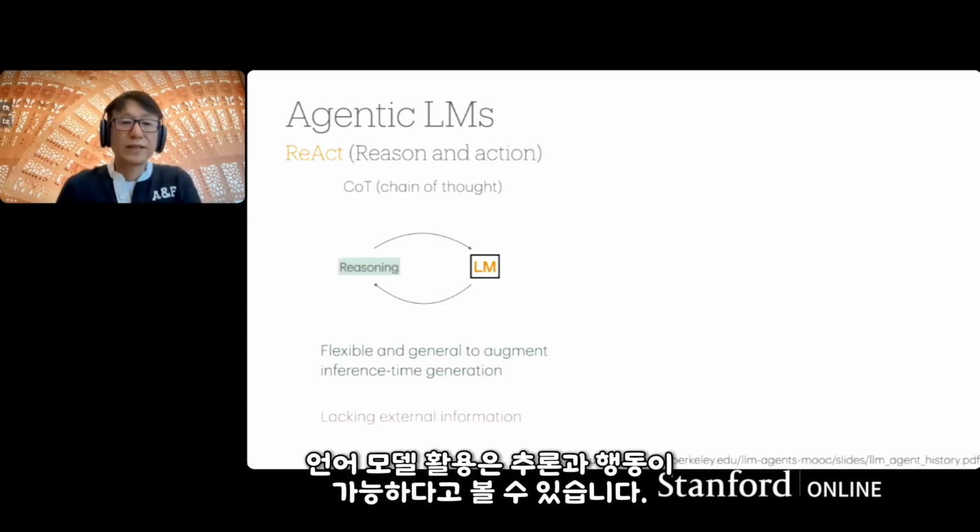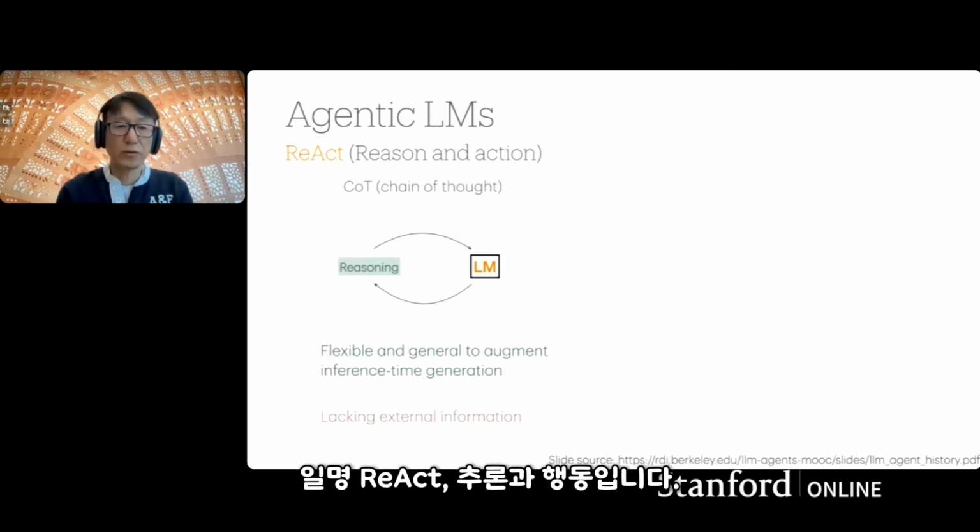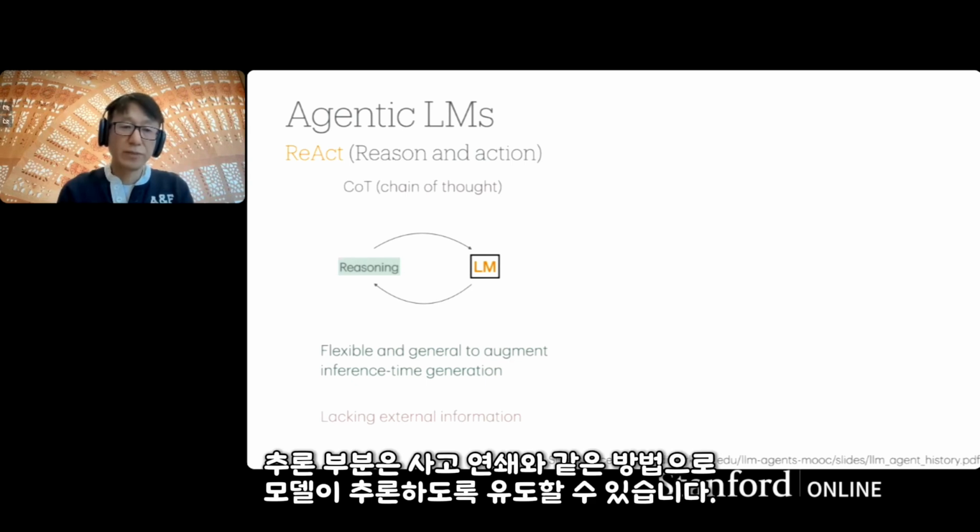The other way to look at it is this: agentic language model usage can be defined as the ability to reason as well as take action, also called ReAct, reason and action. The reasoning part is something you can encourage the model to do using a method such as chain of thought.